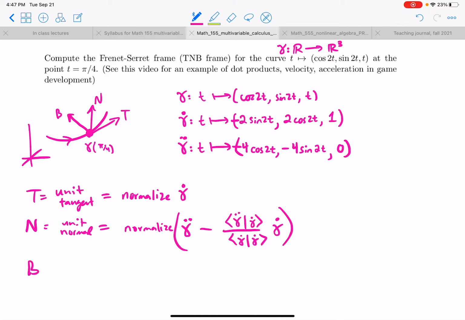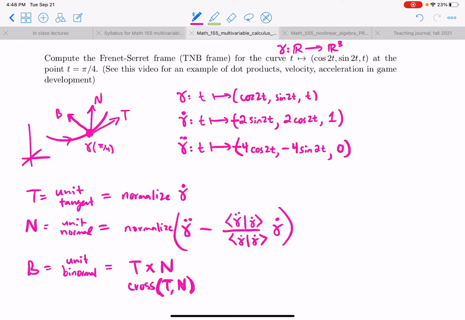Okay, and then finally the B is the unit binormal, for lack of a better name, and it's just equal to T cross N. Or in a computer you might type cross, open parenthesis, T, comma, N, end parenthesis. And that sort of evaluates the map cross at the points T, comma, N. Or the vectors T and N.